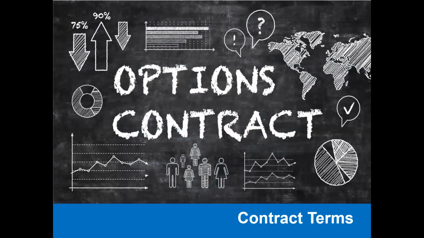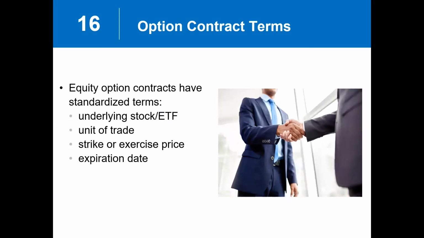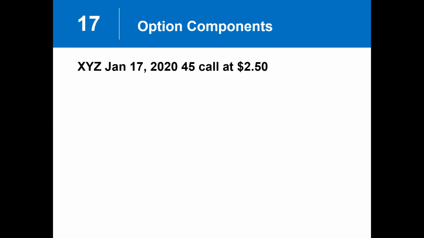So each contract has specific terms as well. Let's go through some of them. Each standardized contract has the underlying stock, index, or ETF. You've got the unit of trade, which almost always is 100 shares of that underlying. You've got the strike or exercise price, and then you've got an expiration date.